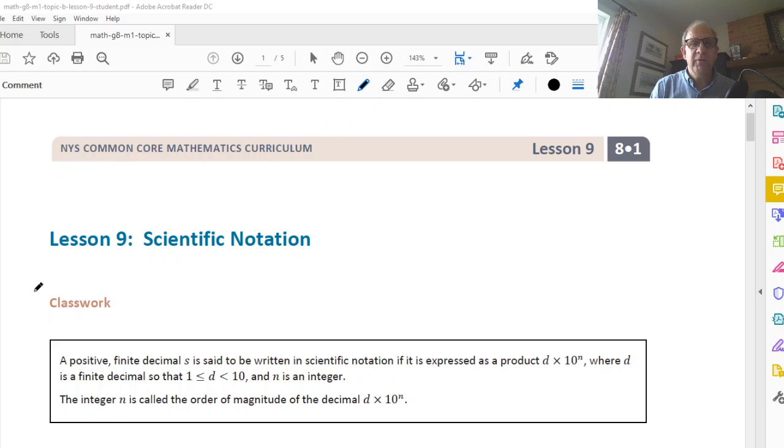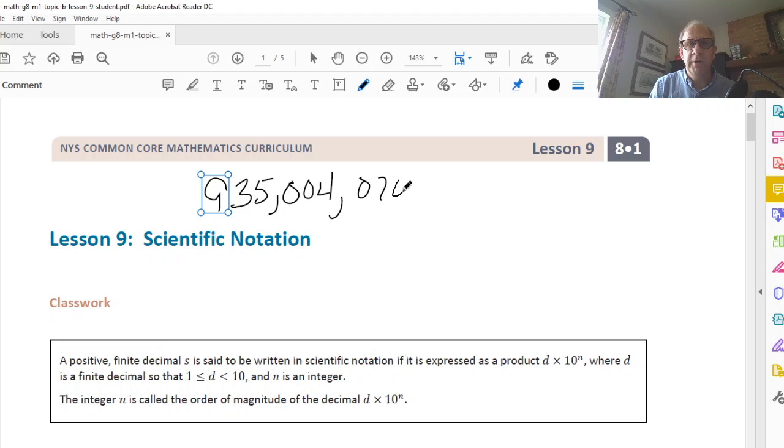Now, just think for a second. Last lesson we did magnitude. So if we had a really big number like 935 billion, 4,070,812, and we want to get a magnitude close to this, we would round it up to the next 10.